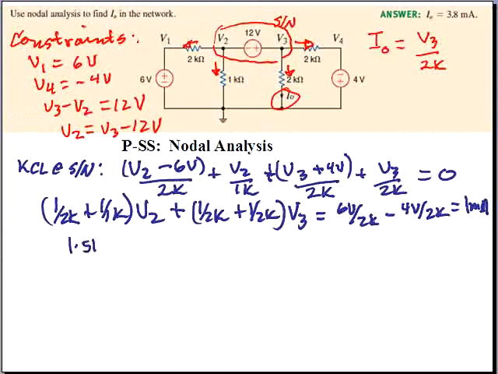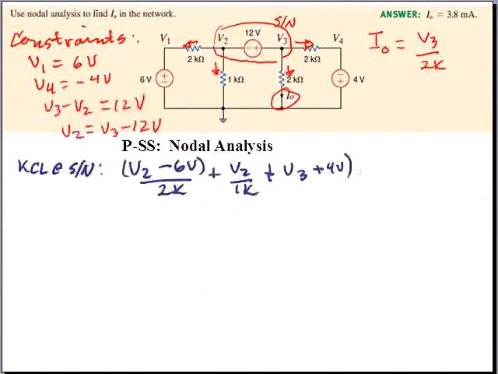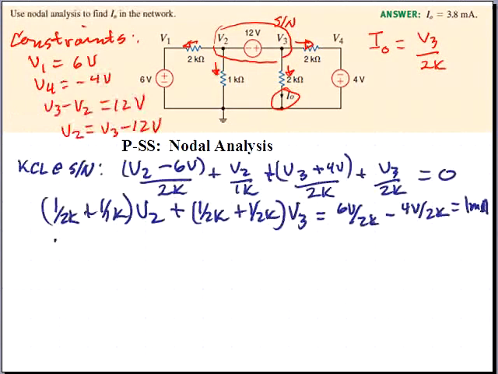So we have 1.5 K to the minus 1, reciprocal kiloohms, times V2 plus 1 K to the minus 1 V3 is equal to 1 milliamp.